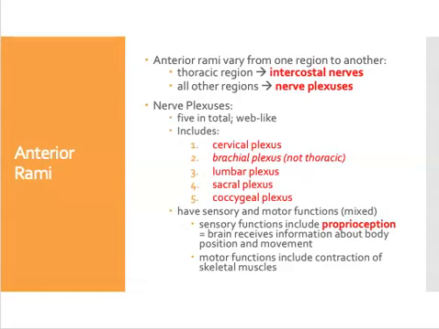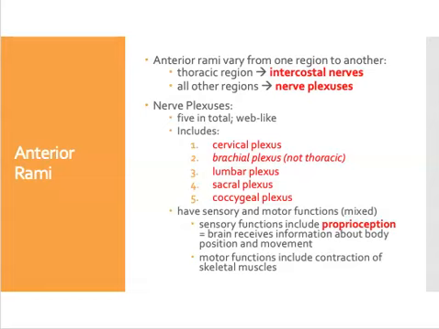In the thoracic region of the spinal cord, the anterior rami are going to go on to become intercostal nerves. Remember, intercostal nerves travel along the surface of each of the ribs.